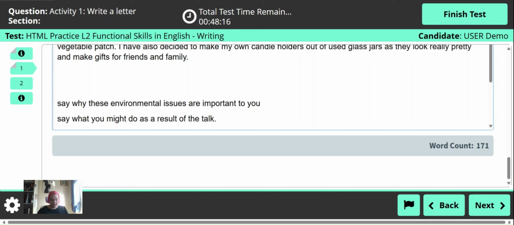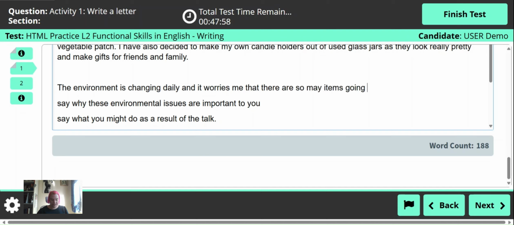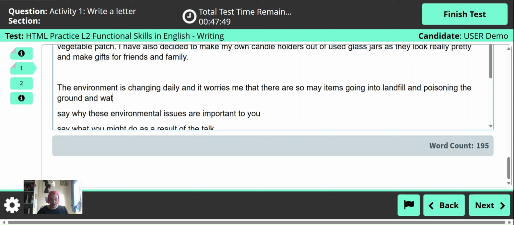Okay, so the environment is changing daily, and it worries me that there are so many items going into landfill and poisoning the ground and water supplies that could be used again.